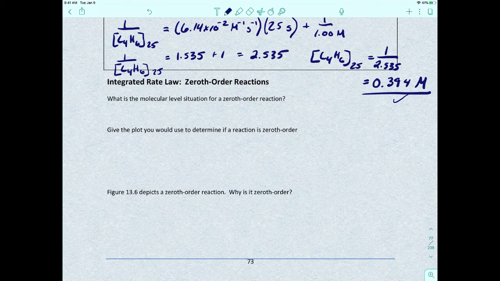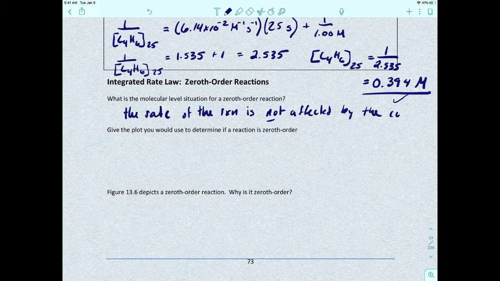Remember that when we talked about this way back when, for a zeroth order reaction, the rate is not affected by the concentration. So the concentration could be doubled, tripled, quadrupled, or halved or quartered, and it's still not going to have any reflection on what the rate does.